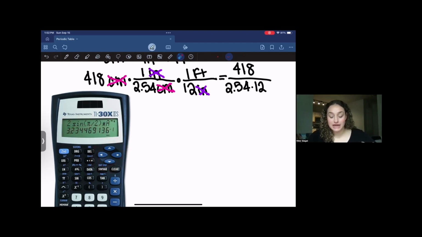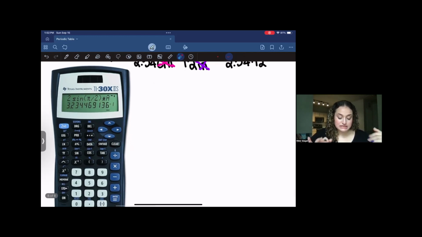You can go back, you can edit it. You don't have to plug everything in all at once. So for the sake of this video, I will be using the TI-30X2S. Casio is another calculator brand. They also make great calculators. I'm just using this one because this is also the one that I use.